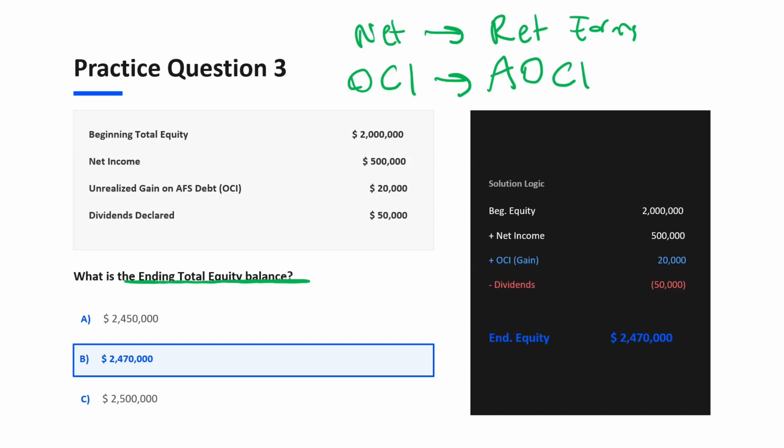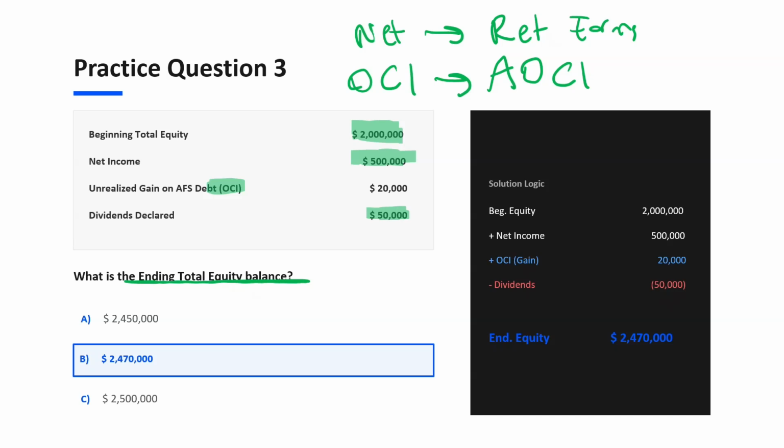By knowing that, let's review the question again. It is telling us that at the beginning of the year, we have 2 million. Then net income, which goes to retained earnings, is 500,000. But then we have dividends declared of 50,000. So we have 2,450 here. And we have an OCI item of $20,000.